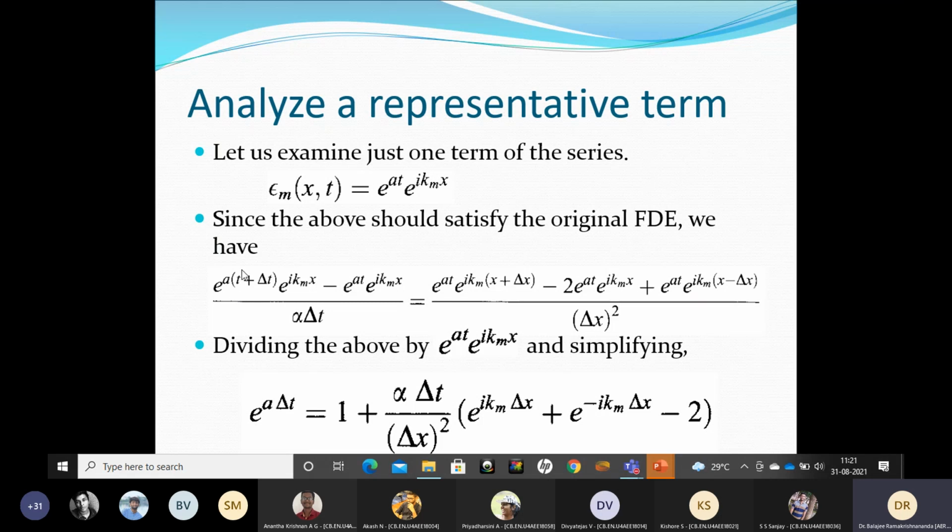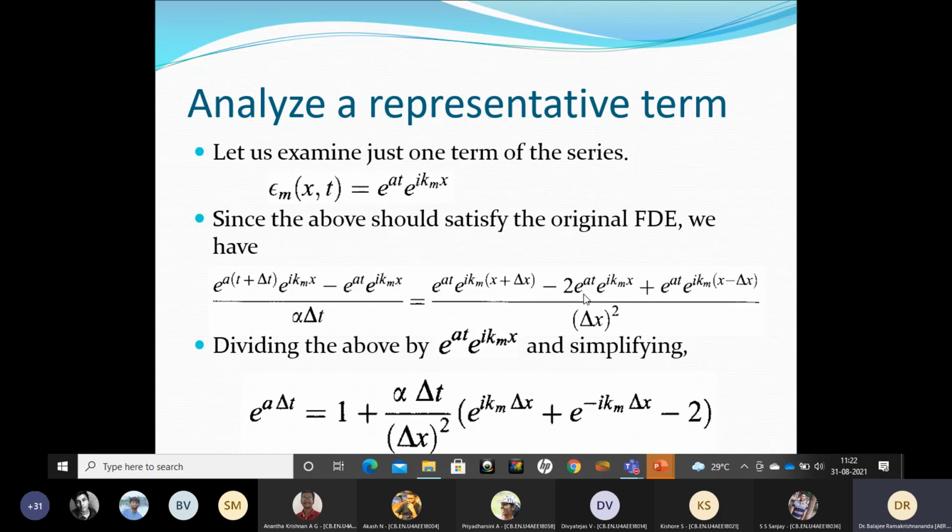Now e power at will cancel, e power i kmx will cancel. You remain with e power a delta t. That is the first term here, divided by alpha delta t, then minus this one, which will be 1 by alpha delta t. Then here they will cancel. You will get e power i km delta x.